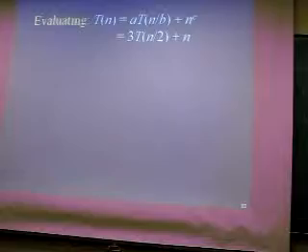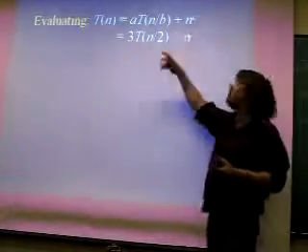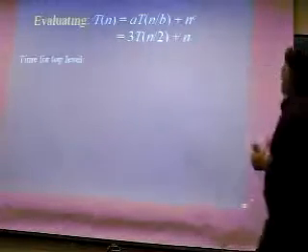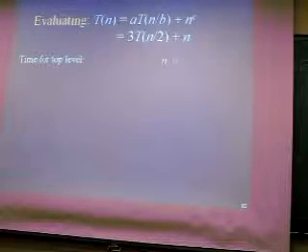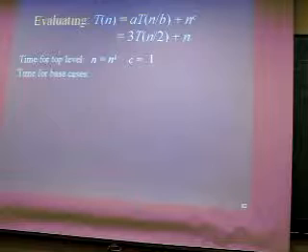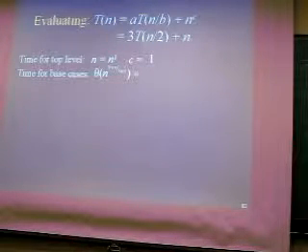So now how do you evaluate these things? I calculate how much time for the top level. It's n. C is 1. People with me here? How many base cases? You should memorize. n to the log a over log b.